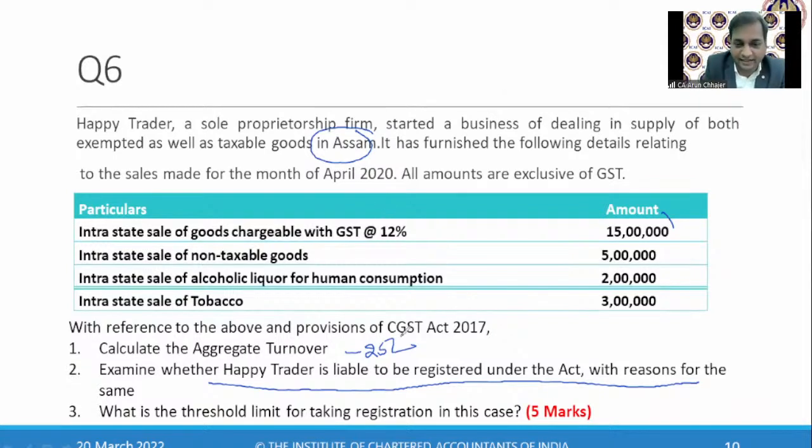You are correct that aggregate turnover is 25. It will be added the non-taxable supplies. It will be added the taxable supplies, everything.